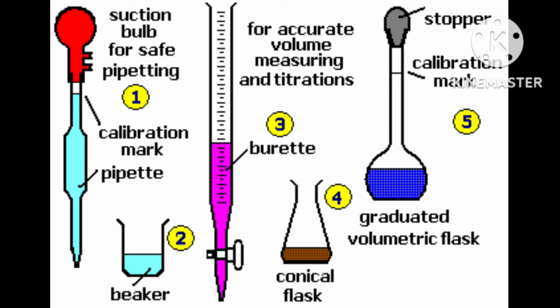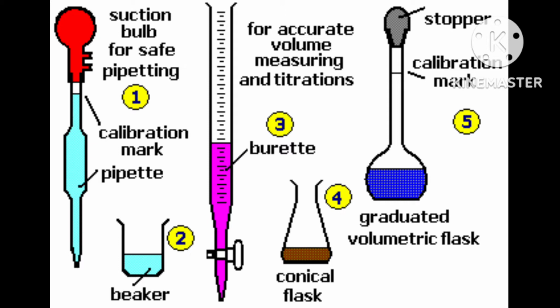The reducing agent will lose the electron and the oxidizing agent will take the electron, don't forget. Here ferrous ion, Fe2 plus ion, and oxalate ion, C2O4 2 minus.